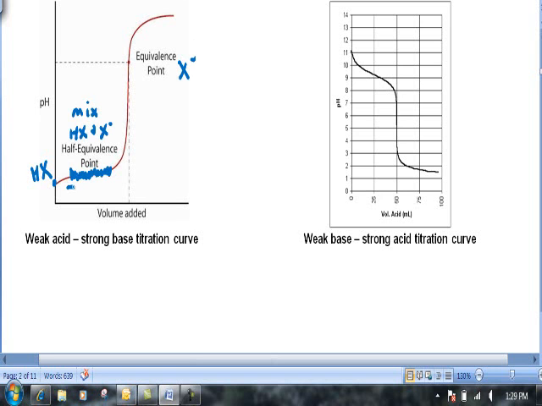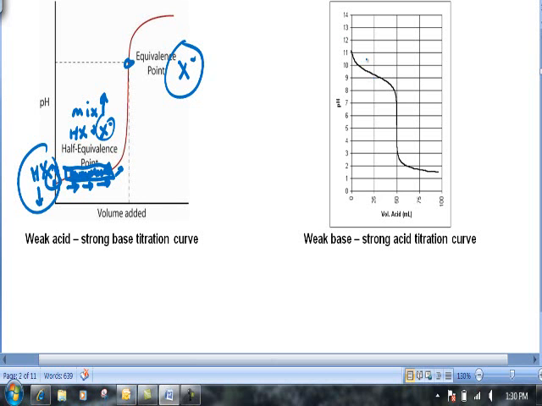The reason being, as we add sodium hydroxide, the acid is getting neutralized, so the amount of acid is going down, while the amount of X minus, or salt, is increasing. Eventually, when we get to the equivalence point, there's exclusively salt present, just as at the beginning there's only acid. But in this area, which is the buffering region, we have a mixture of weak acid and salt.